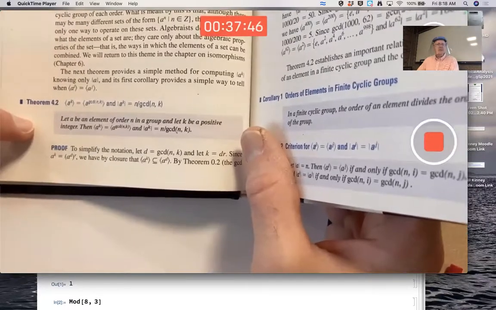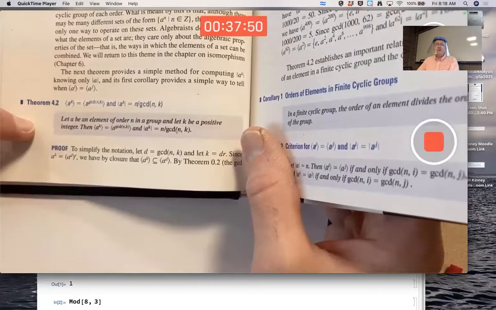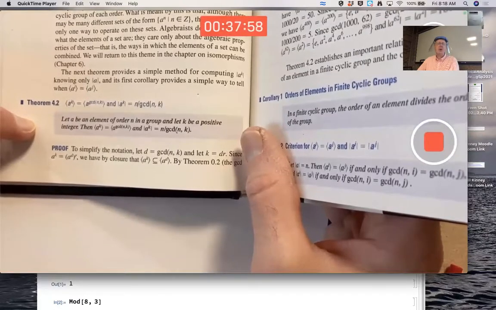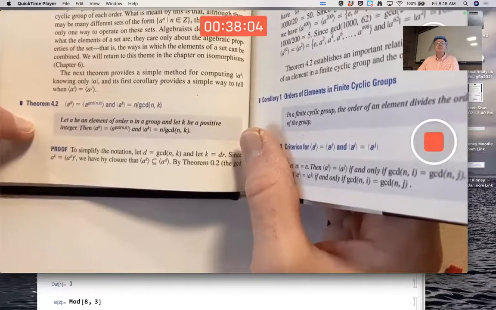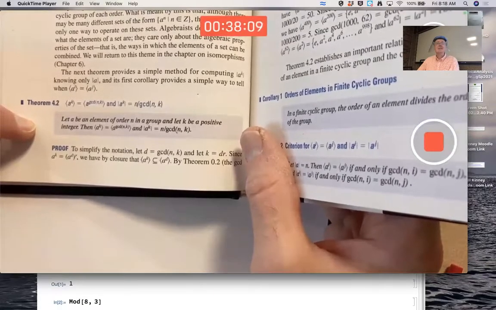Let A be an element of order n in a group. Not saying whether the group itself is finite or infinite, just saying this element has finite order. We did see maybe a week ago, there's at least one group, actually more, that's an infinite group that's got finite subgroups that are not just the identity. Yeah, we saw a few examples of that.